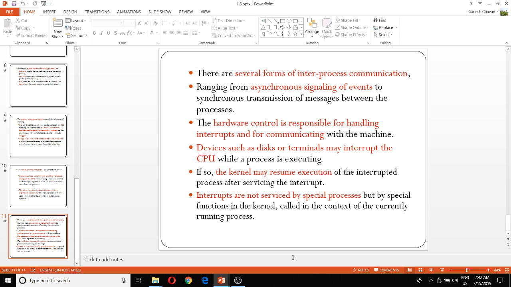There are several forms of interprocess communication, ranging from asynchronous signaling of events to synchronous transmission of messages between processes. The hardware control is responsible for handling interrupts and for communicating with the machine. Devices such as disks or terminals may interrupt the CPU while a process is executing.